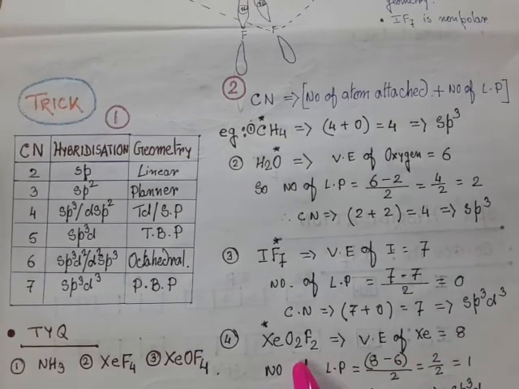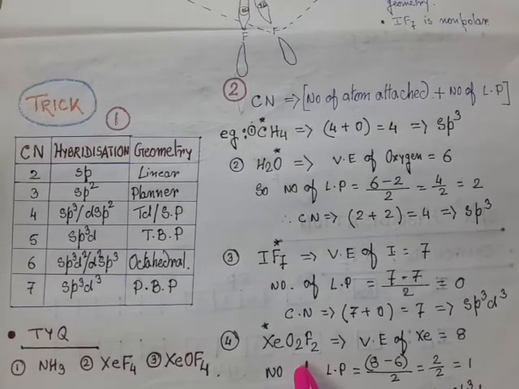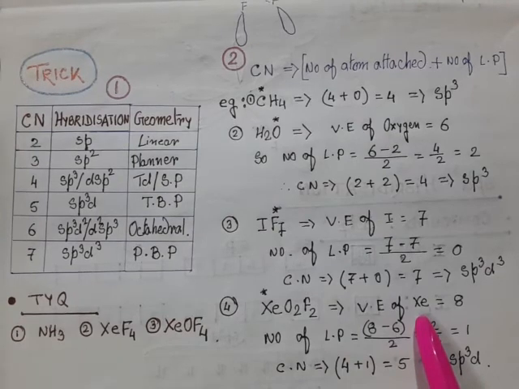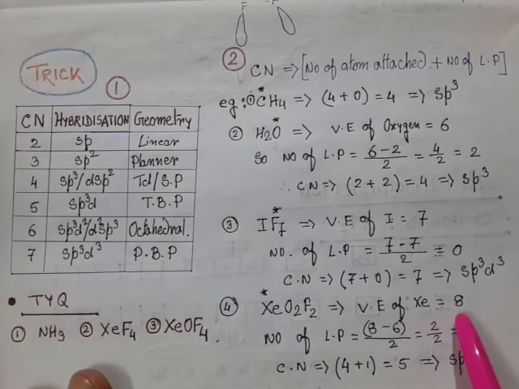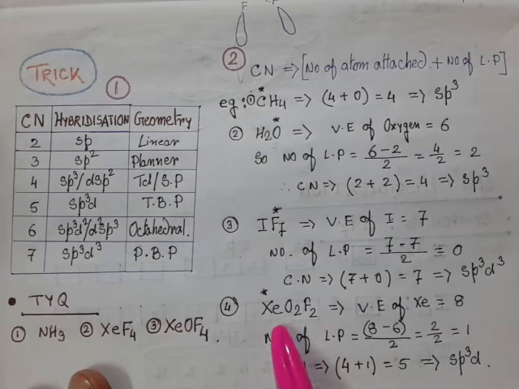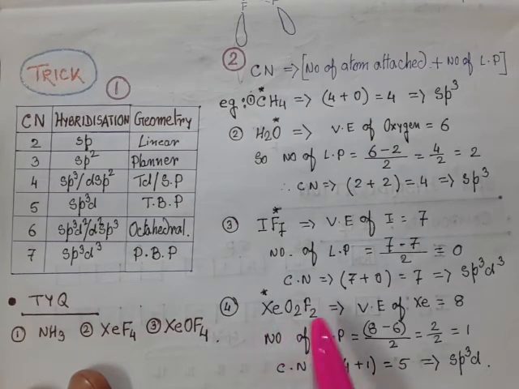Now we have another very interesting example, xenon oxyfluoride XeO2F2. Xenon is an element of group 18, so valence electron is obviously 8. Number of lone pairs is valence electrons minus number of bonds. Each oxygen forms 2 bonds with xenon, so there are 2 oxygens, total number of bonds between oxygen and xenon is 4, and between xenon and fluorine there are 2 bonds, so total number of bonds is 6. 8 minus 6 by 2, so 2 by 2 it's 1.